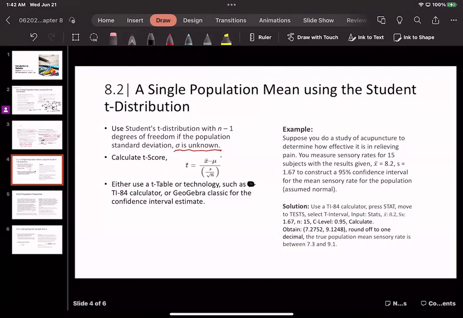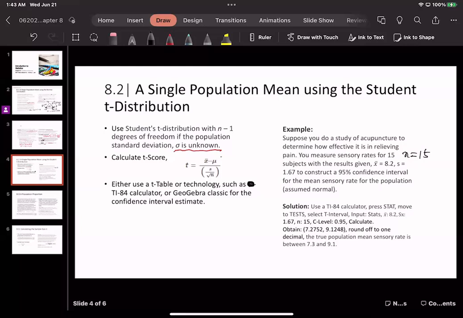Here is an example with data. Suppose you do a study of acupuncture to determine how effective it is in relieving pain. You measure sensory rates for 15 subjects, so that means we have a sample size of 15.